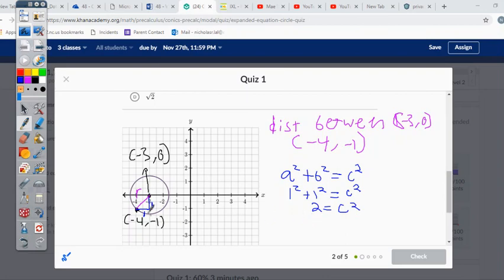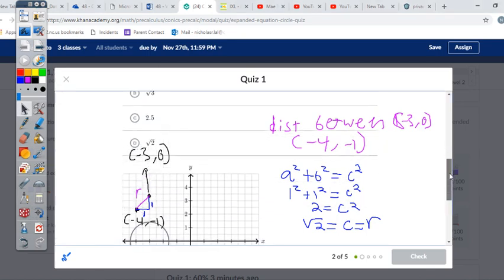And c, or our r, that we should say, the square root of 2 is equal to c, which is equal to our radius. So, with all that work, our answer is the square root of 2.